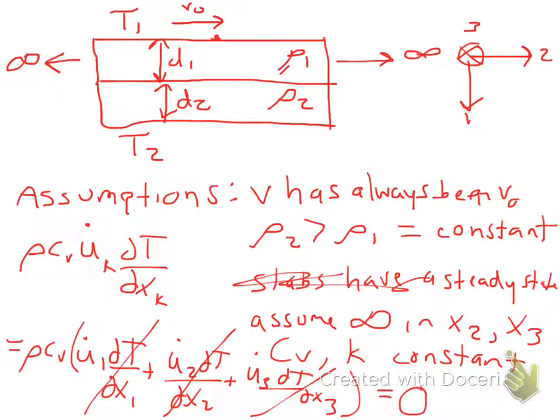even if it wasn't the whole thing moving the block, even if you had some pressure-driven profile of velocity like you guys did from the last problem set, any horizontal movement ends up being 0 because the whole term is 0. So even for U2 and U3, U2 is non-zero, but the temperature gradient is 0 in that direction.